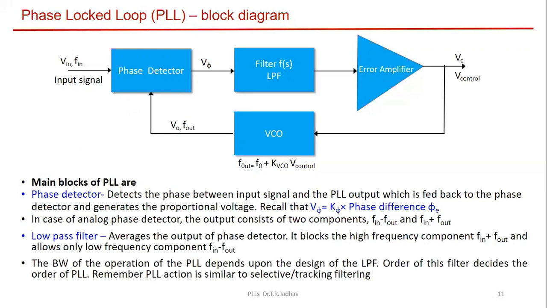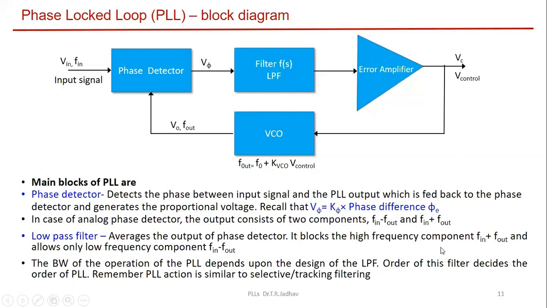The next block that you find in the PLL is the low pass filter. What is the job of the low pass filter? It averages the output of the phase detector, which is very important, and gives us the error voltage. So the output of the low pass filter we call the error voltage.